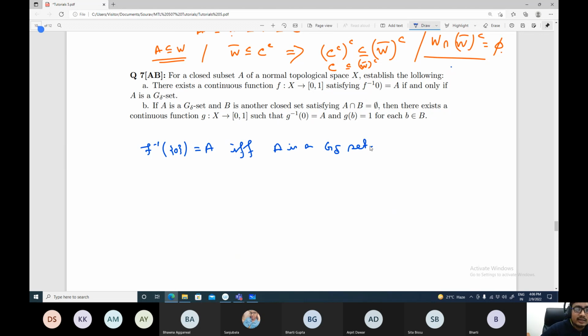One way is obvious, right? Which one? And for this, we do not need the normal property of that space.